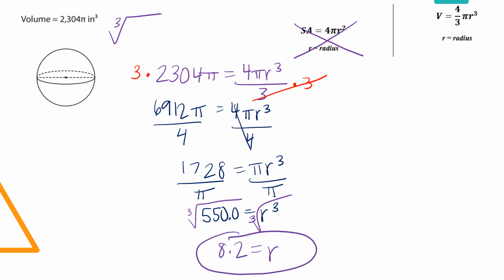That would be 8.2 inches, because our units are up here. This is different than the square root, okay? This is called an index. If you don't have that there, you need to change your answer when you are finding the radius and volume, because it's r cubed, not r squared.